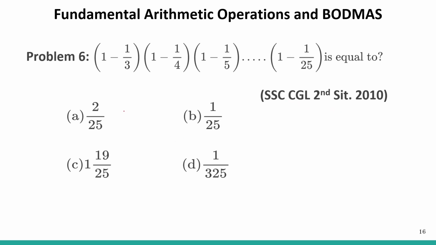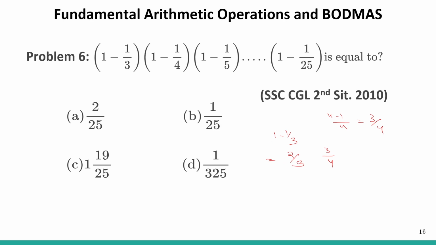So let's try to convert these subtractions into fixed fractions. So 1 minus 1 by 3 is equal to 3 minus 1 by 3, that is 2 by 3, and then 1 minus 1 by 4 will be 4 minus 1 by 4, that is equal to 3 by 4.